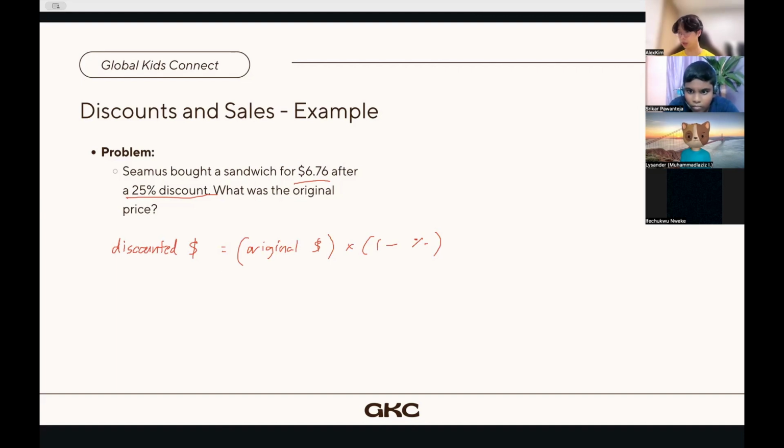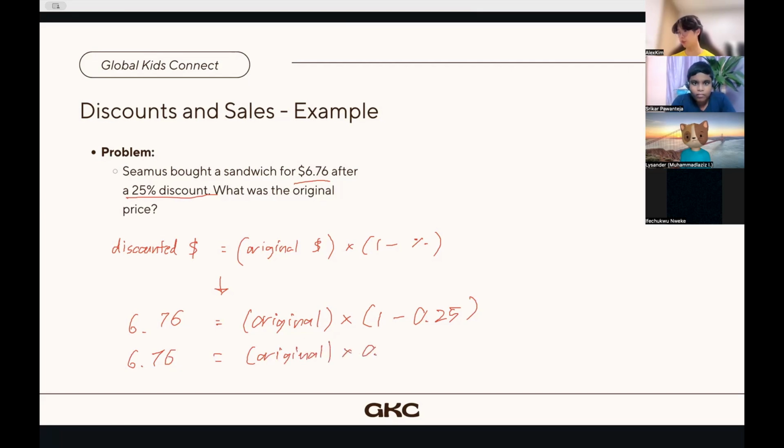And so we can plug in numbers for the values that we do know. We know that the discounted price is equal to 6.76. And that is equal to the original price, which is the value we have to find, multiplied by 1 minus the discount percentage, which was 25, so we write it in decimal form as 0.25. So we get 6.76 on the left equals original times 0.75.